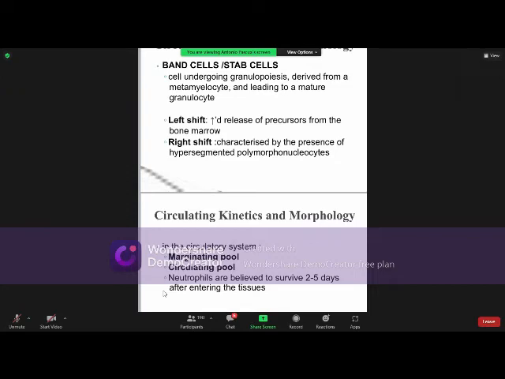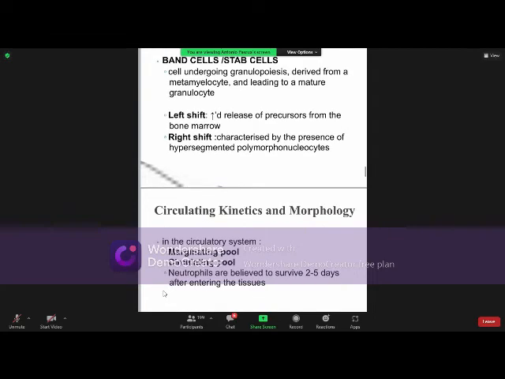Yung megakaryocytes nyo also contain nucleus. Diba? So kung meron silang nucleus, kailangan din nila ng same set of minerals or nutrients. Right? Yan, pagdating natin ng finals, we'll further associate those diseases. Okay? So when you say right shift, going back, it's whenever your neutrophils are hypersegmented.